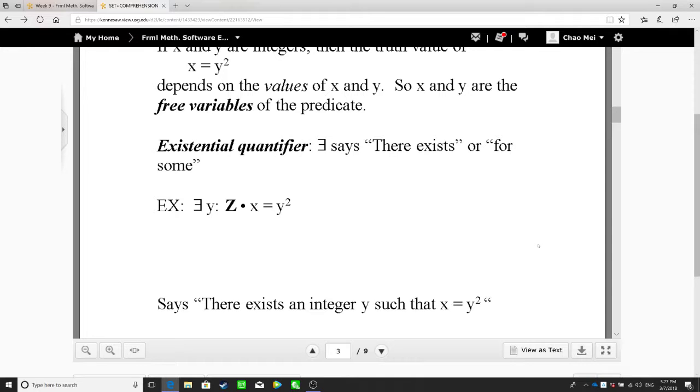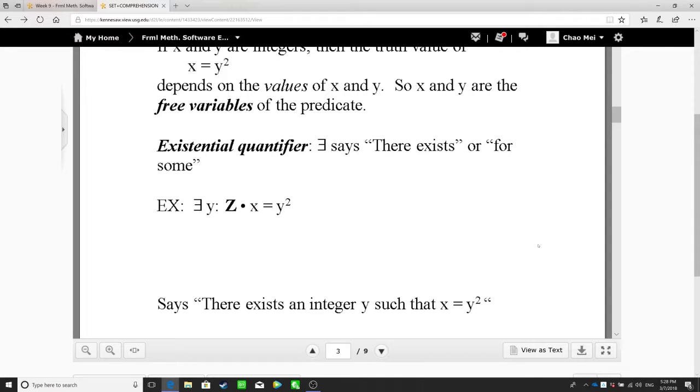For any integer, we can always find x, which is its square.